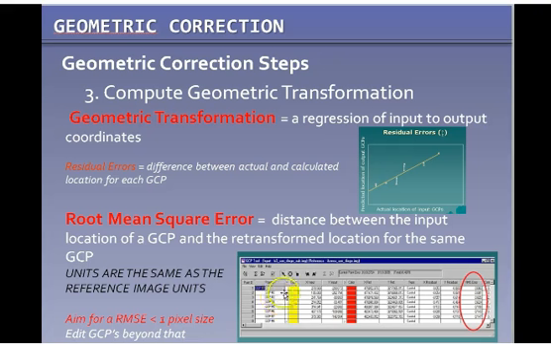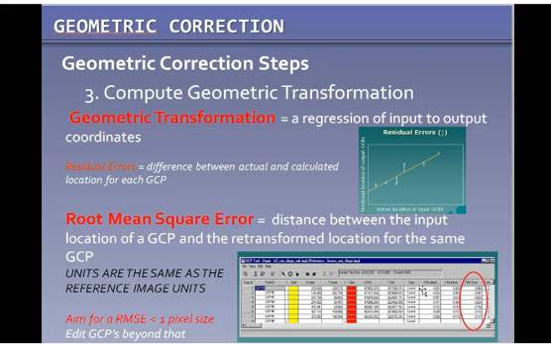We can see each GCP that we lay down. We can see its X address, its Y address, that's in the original image, and then we can see its reference geolocation, that would be in the reference image. And what we're getting over here, these residuals are telling us, well, how much is it off in the X direction if we were to apply this geometric model.